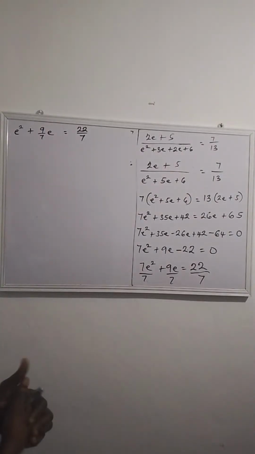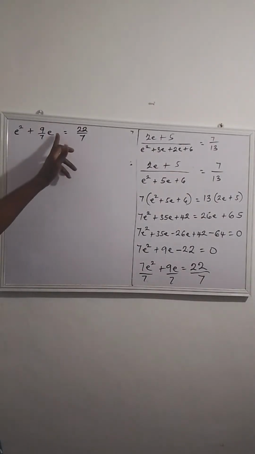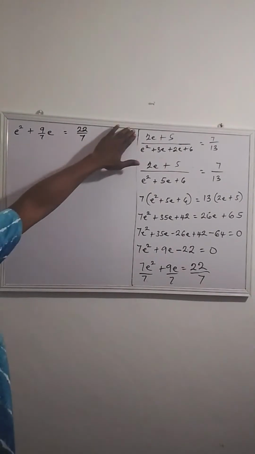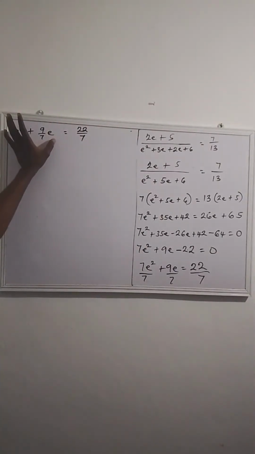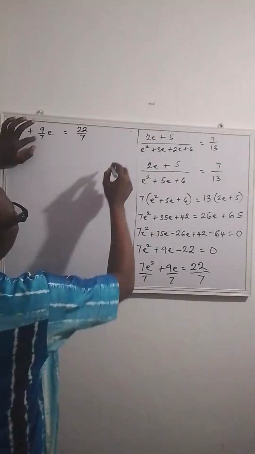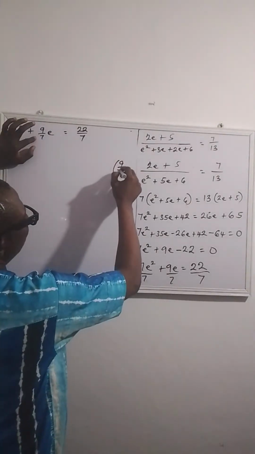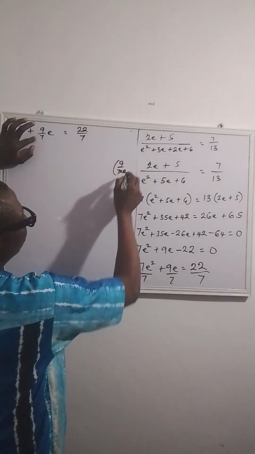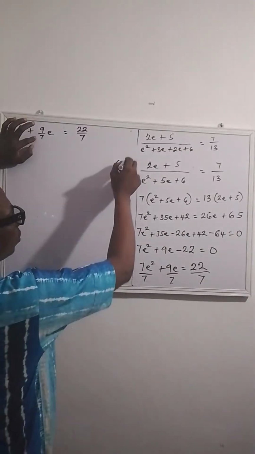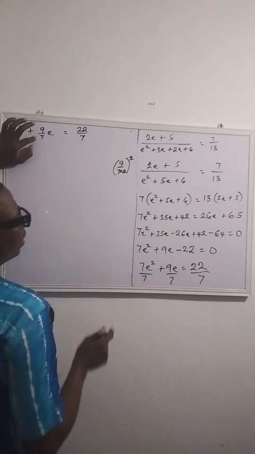Now the next thing to do here is to add to both sides what will make this a perfect square. And that is the square of half of the coefficient of e. So the square of half of this, half of 9 over 7, is this. So you just multiply the denominator by 2 and square it. So this is what you are adding to both sides.